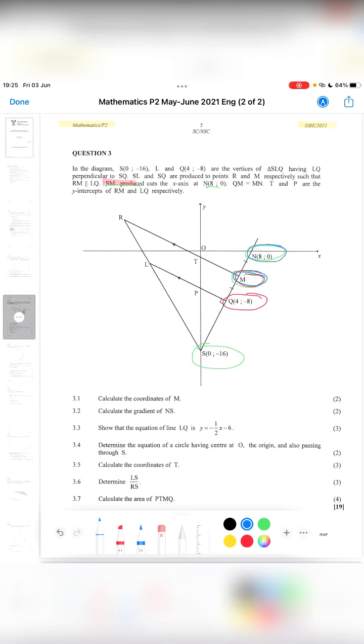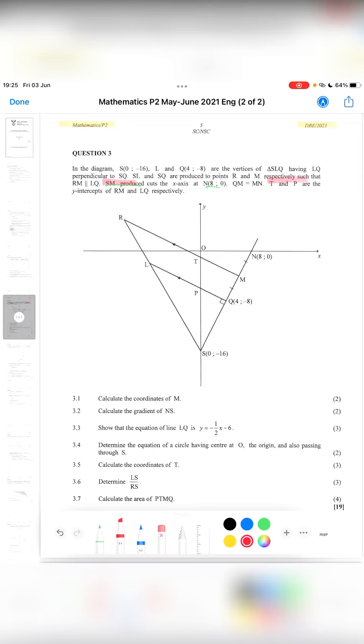So you can even see, ladies and gentlemen, we have this to show that these two lines are actually equal. Okay, so now let's proceed. T and P are the y-intercepts of RM and LQ respectively.